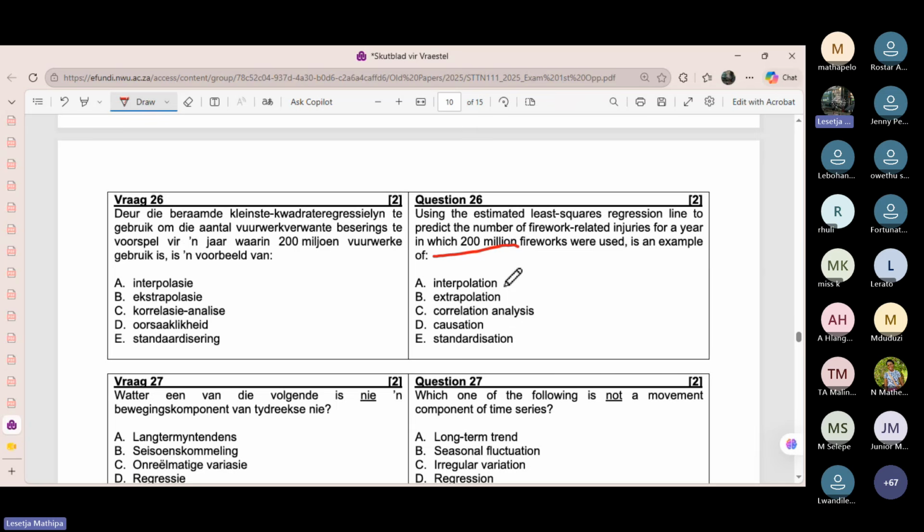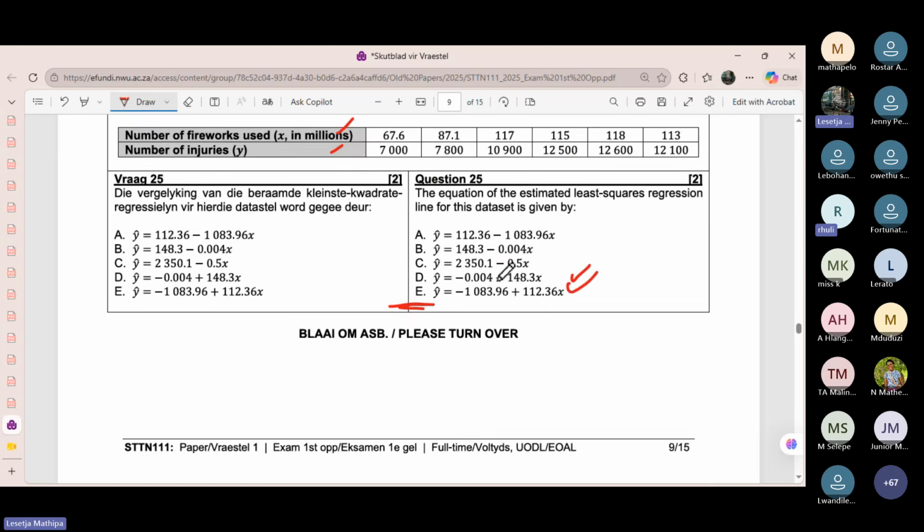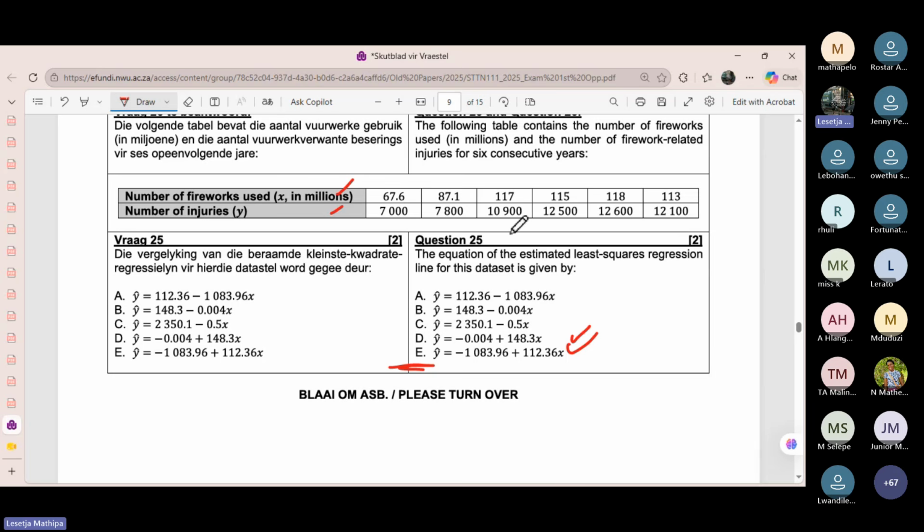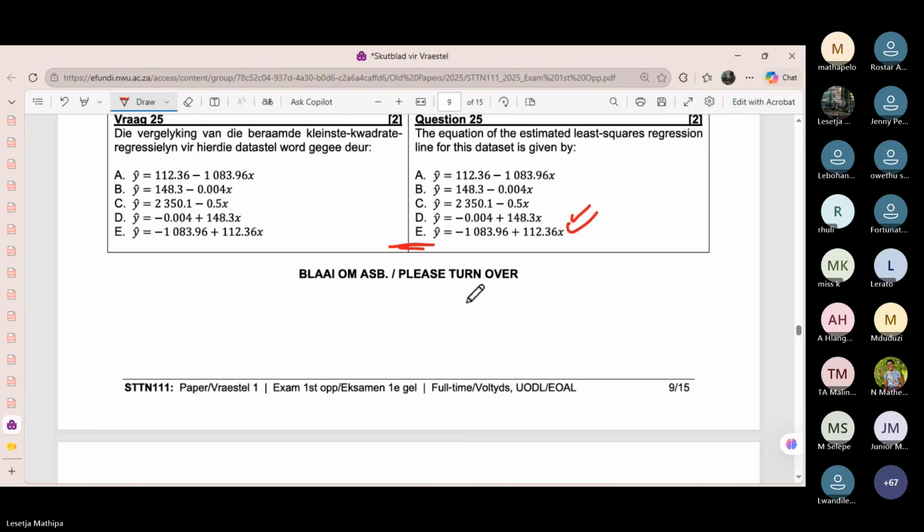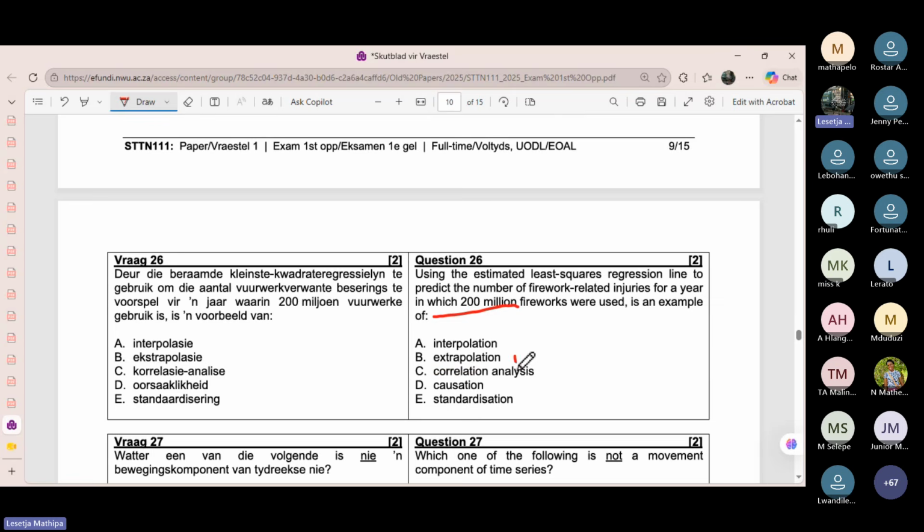Why extrapolation? 200 million is far from the data that we're given. So the answer will be extrapolation.